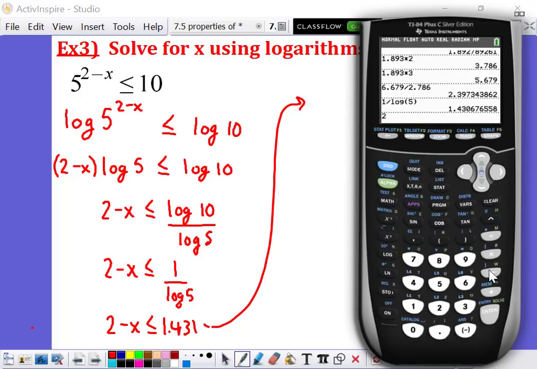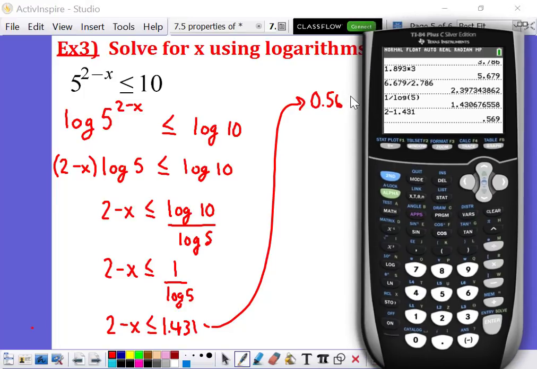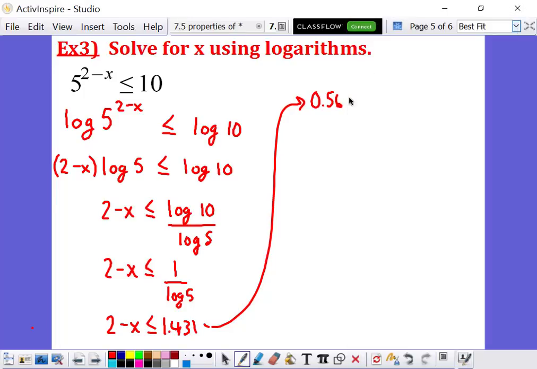So let's do 2 minus 1.431, and we get 0.569. So we have 0.569 less than or equal to x.